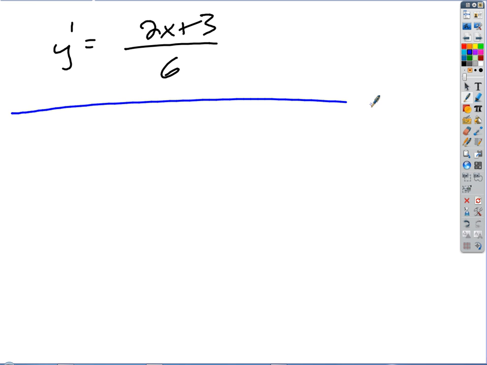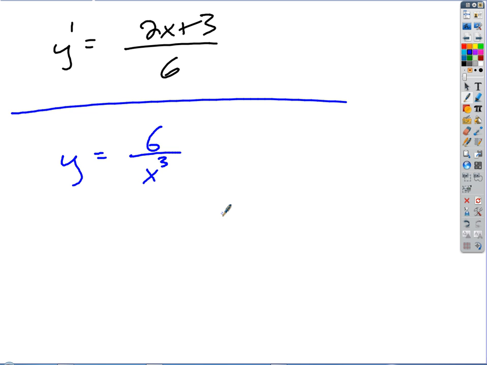It's going to be dirty. Okay, differentiate that. Do you want the quotient rule on this one?